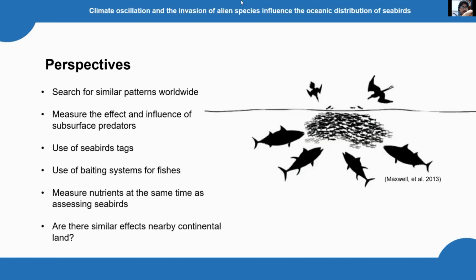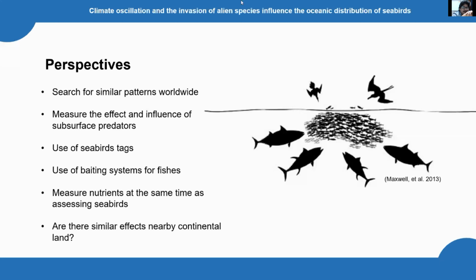So we are now trying to get data, not only on seabirds, which we now know what happens, but also on how subsurface predators, basically tuna, dolphins, and others, are distributed, and how they are related to seabirds. We also want to use some seabird tags. Actually, there are now some studies where colonies of red-footed boobies are tagged, and we are looking for more information.